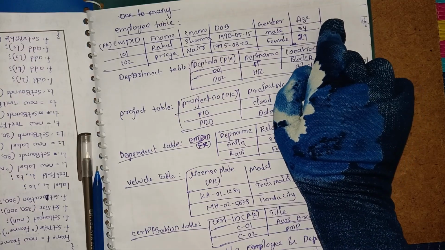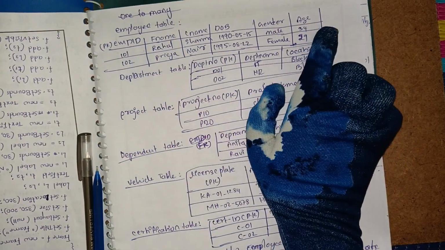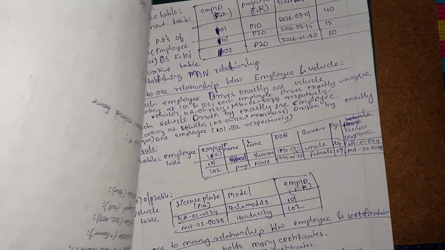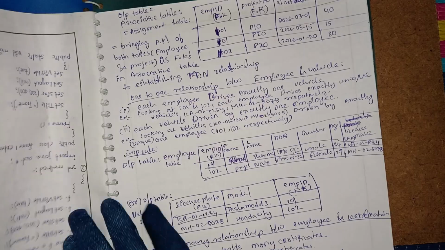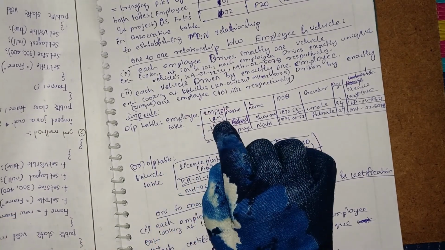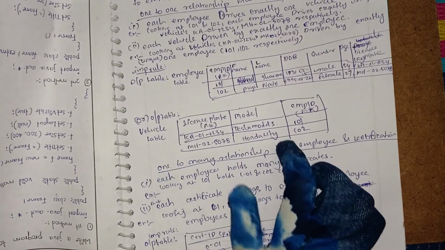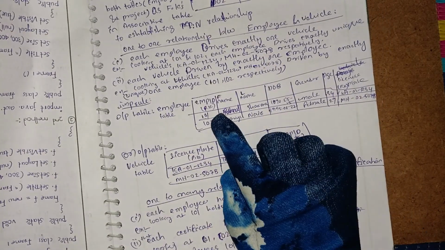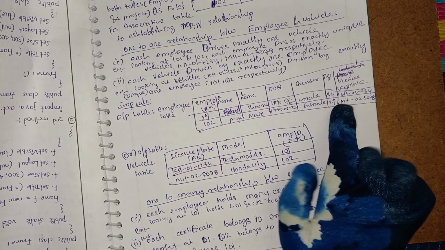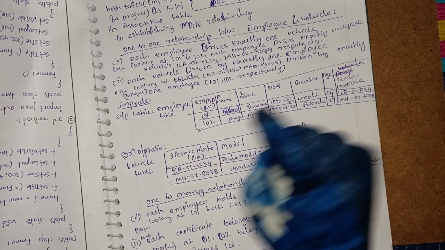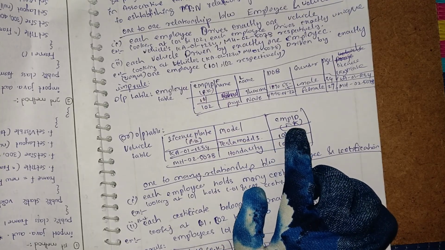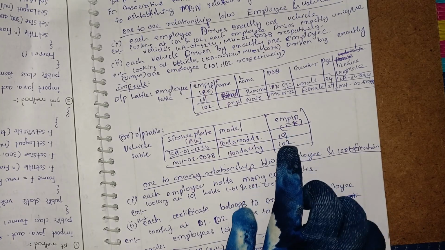Okay, and we got the output table as employee table, and we established the relationship one to one. That is either employee table or vehicle table. In this employee table, we have placed license plate as a foreign key of the vehicle table, and in this vehicle table, we have placed employee ID as a foreign key of the employee table.